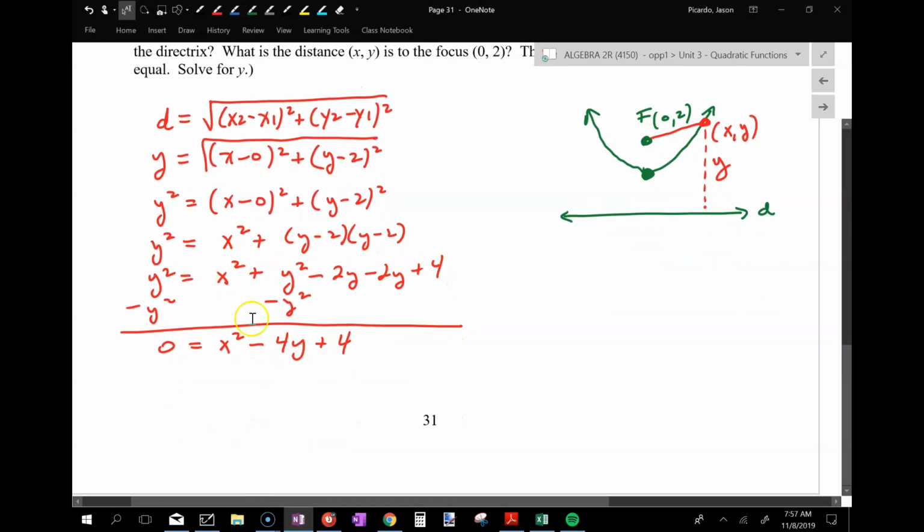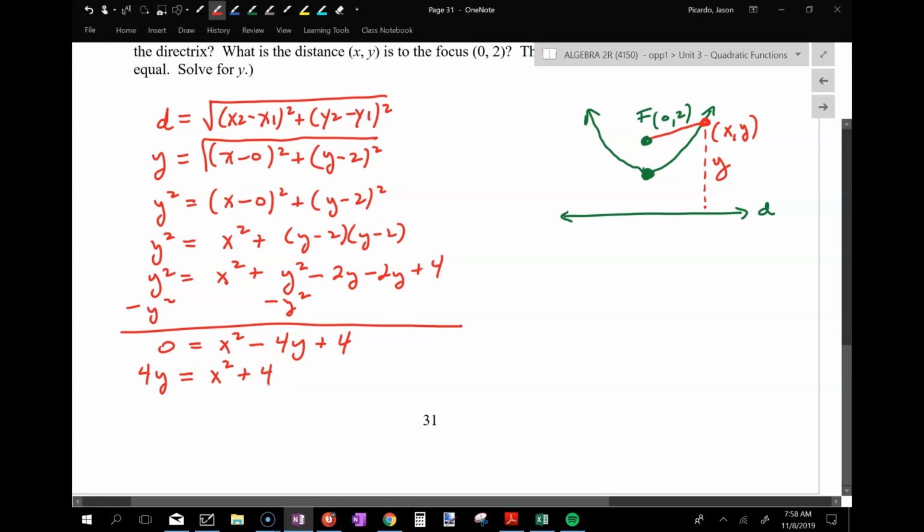What did I do right there? I subtracted the y squared. That leaves 0 on this side. Then I have negative 2y and negative 2y. That's a negative 4y plus the 4. I said I was solving this for y, correct? So I'm going to add 4y to the other side. And now I have that.